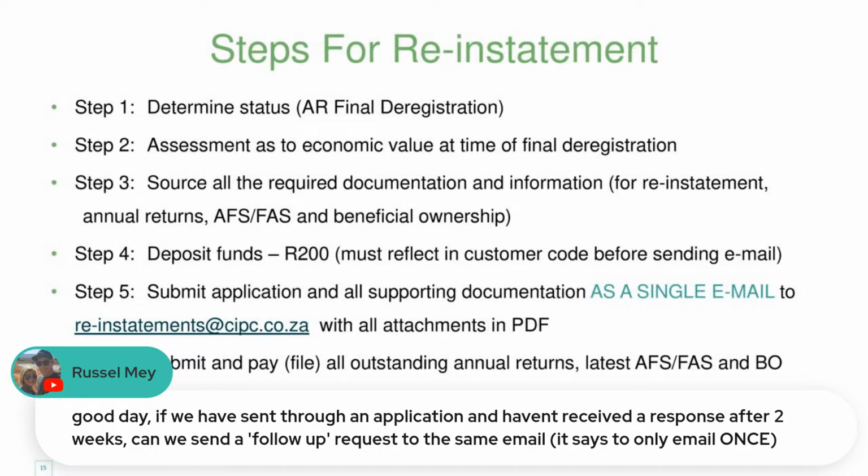If you have sent through an application and received a response after 2 weeks, can we still follow up, request the same email? It says it's only one email once. Brenda? You follow up through the call center or the inquire reinstatements at cipc.co.za and then we'll respond.